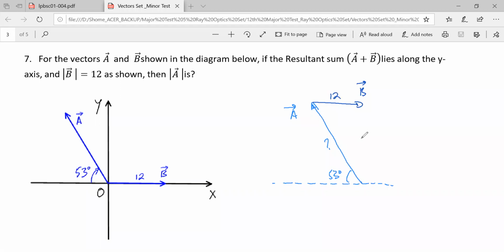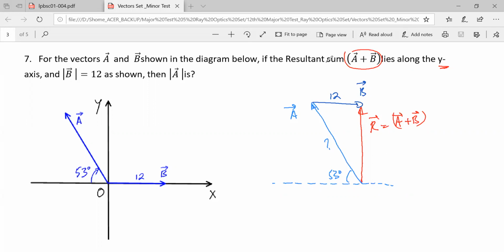This is of magnitude 12, and now the resultant of A and B should be along the y-axis. So the resultant of A and B is this one. This is the resultant of A plus B, not the cross product. Yes, Avinashi.